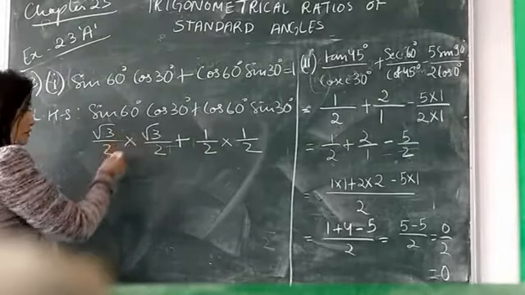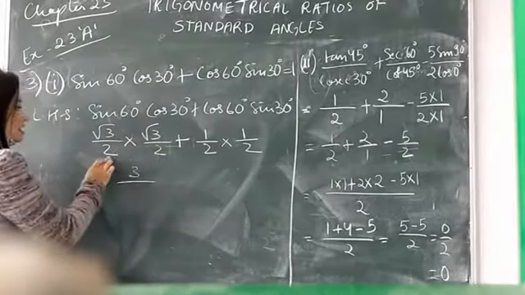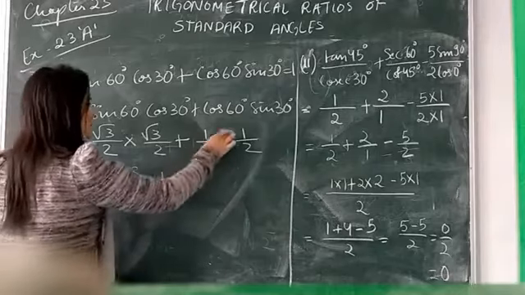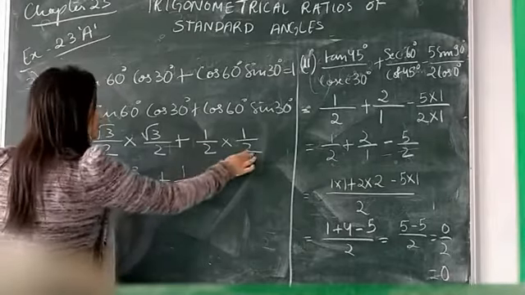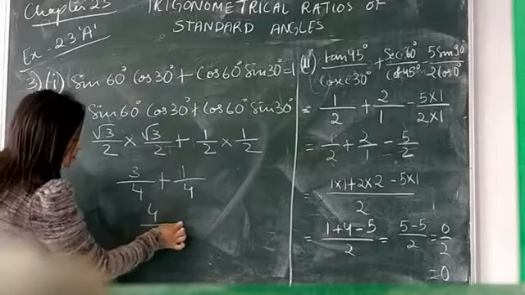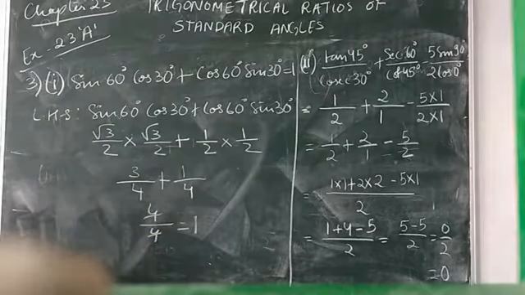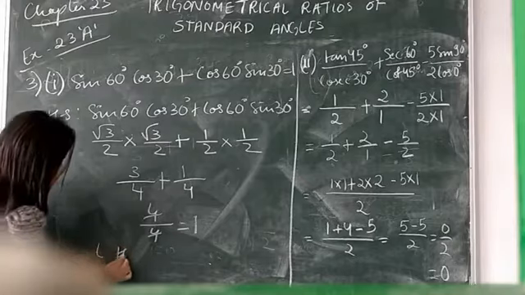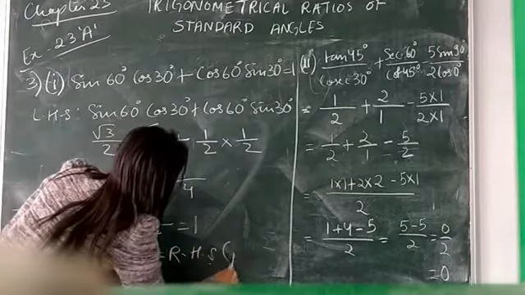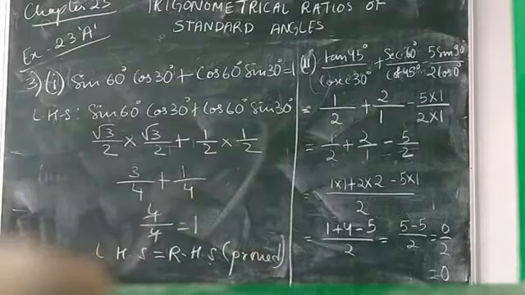So square root of 3 and square root of 3 when you multiply, you get 3, 2 into 2 is 4, plus 1 into 1 is 1, 2 into 2 is 4. So 3 plus 1, 4 upon 4, which is equal to 1. So your left hand side is equal to your right hand side. Answer is proved. So this is how you prove.